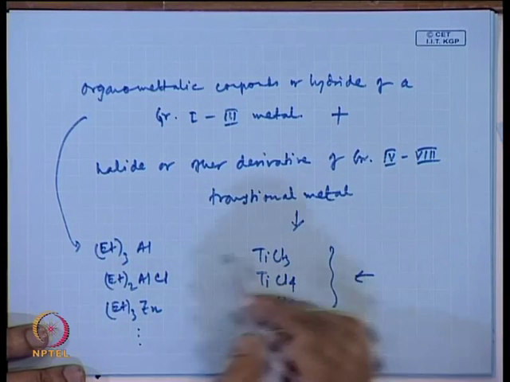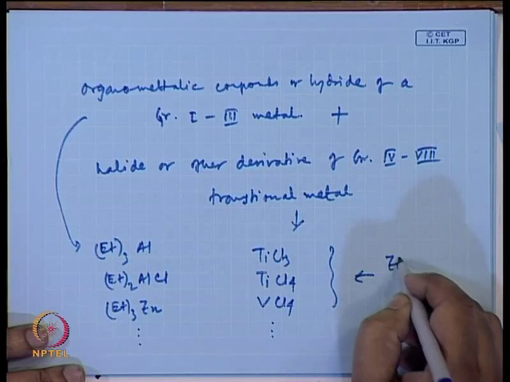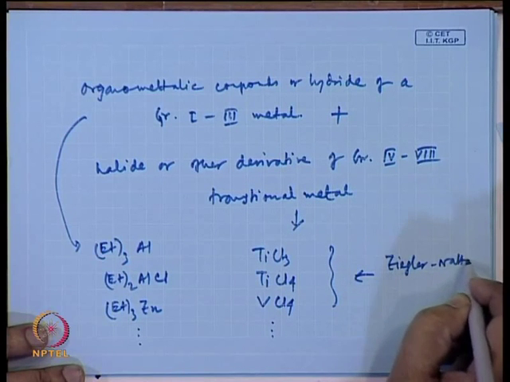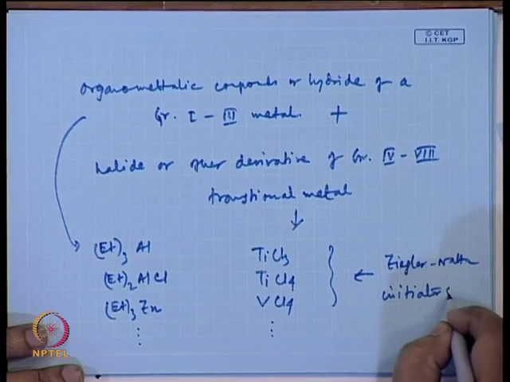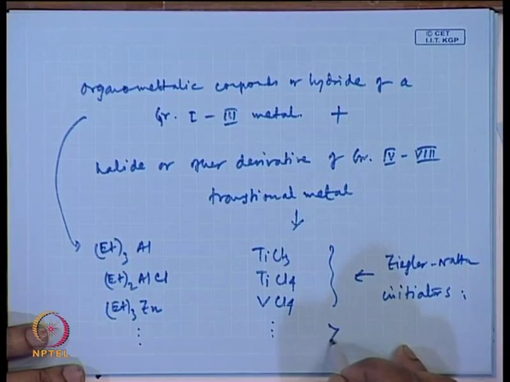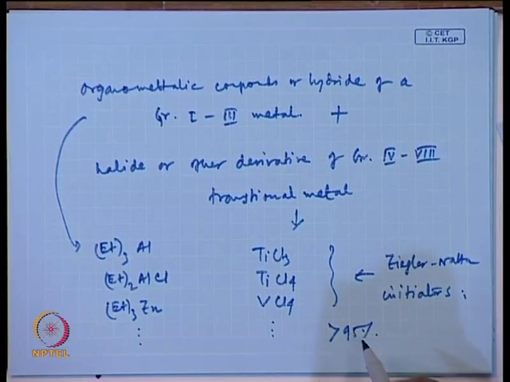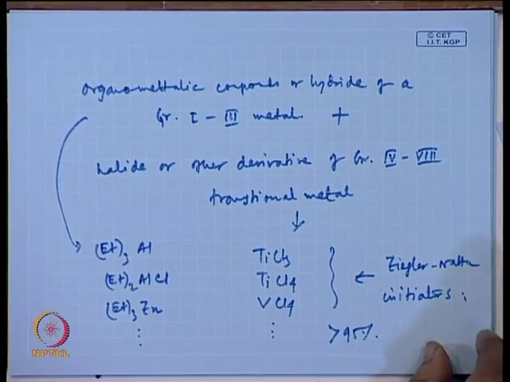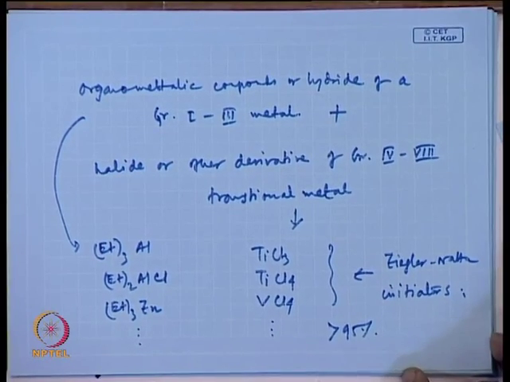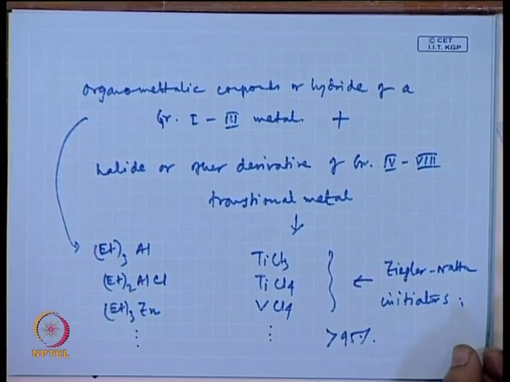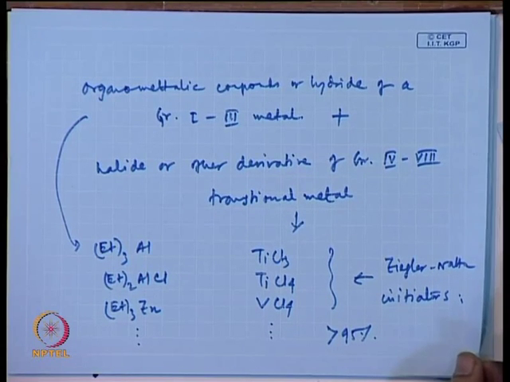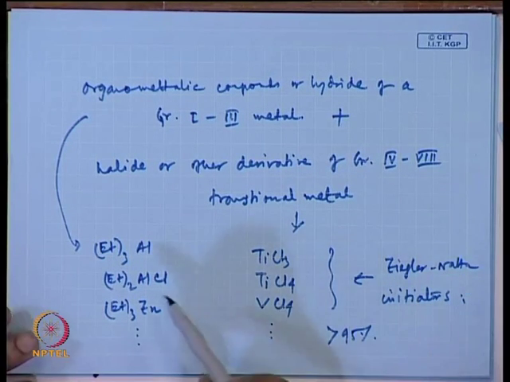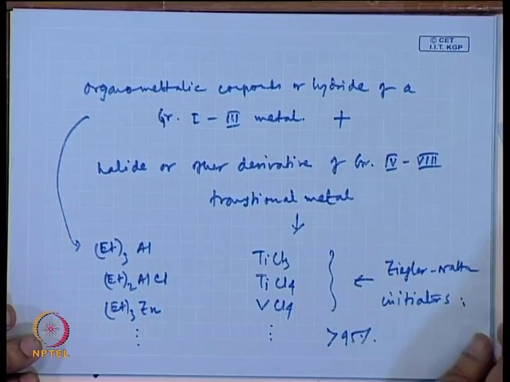Take one from here and one from here, and constitute the Ziegler-Natta initiators. Until 2000, more than 95% of Ziegler-Natta polymerization used a combination of this sort of catalyst, before the discovery of the metallocene catalyst, where metallocenes are used as a catalyst along with a co-initiator, which we will discuss in a minute.